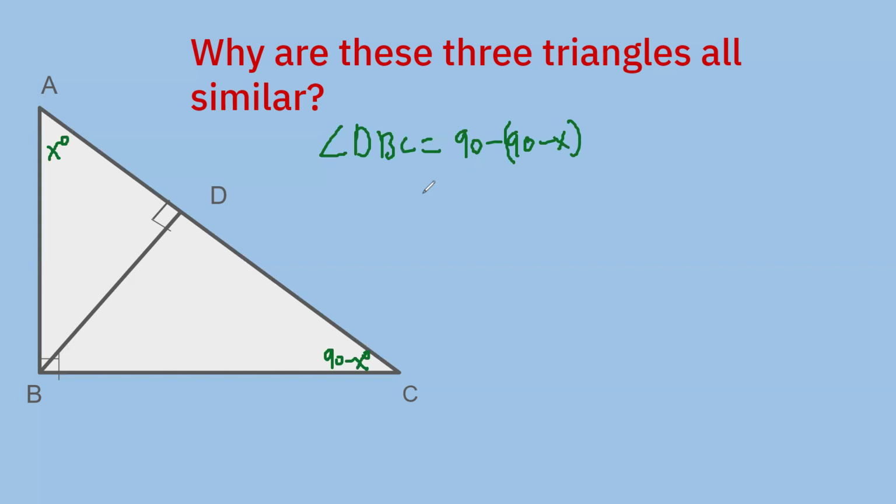The negative distributes, so it's 90 minus 90 plus x, and that gives us x. So that means DBC is x. That makes this 90 minus x. And again, all the triangle angles are equal to each other, which means the triangles are all proportional and all similar. So that's just the common way this works, right?